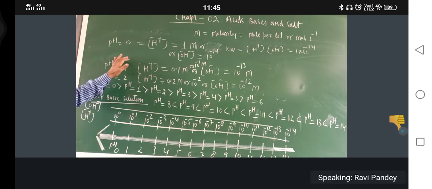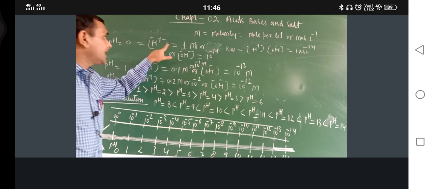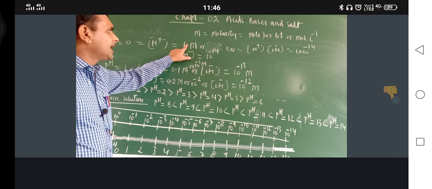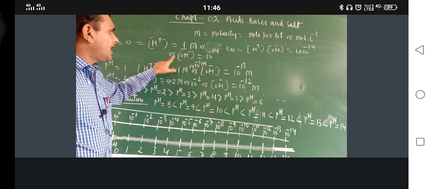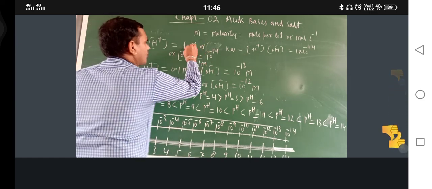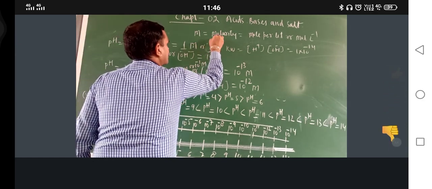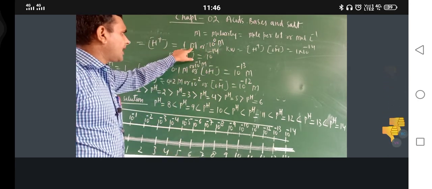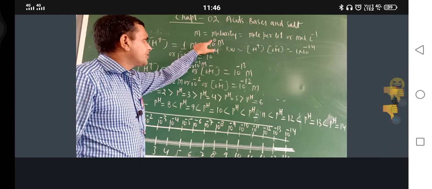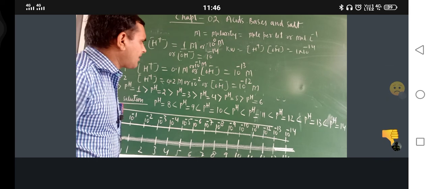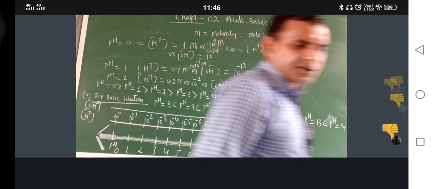If pH is 0, definitely H positive ion concentration is equal to 1 M, which can be written 10 raised to the power 0 M, and OH is equal to 10 raised to the power minus 14. I hope that you understood this one.